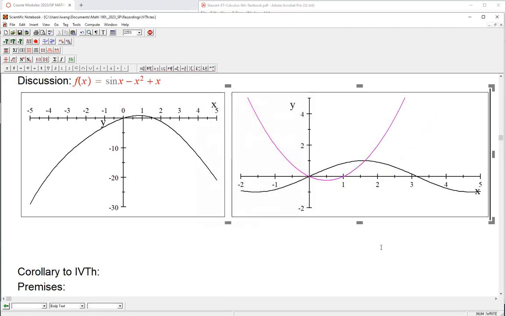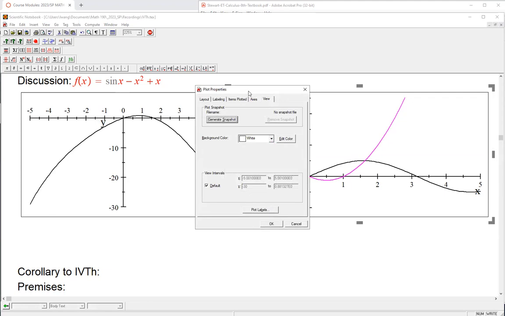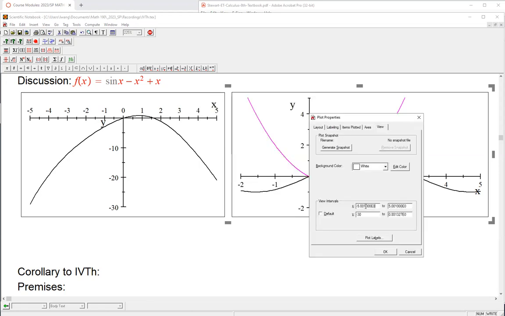So on this one, I'm going to make adjustment to the view, from -2 to +5, and from -2 to +5.